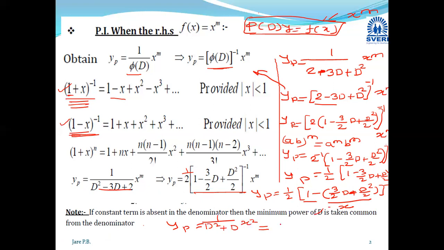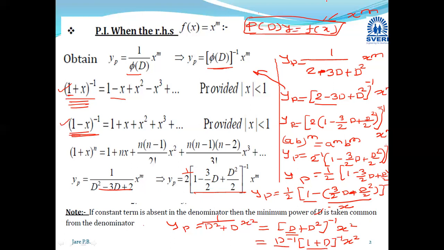So we write this as (D plus D square) bracket raised to minus 1 x square. Here there is no constant term, so we can take D common out. We got D raised to minus 1 common, and what is remaining is (1 plus D) raised to minus 1 x square. Now we take D raised to minus 1 outside, and we use the formula for 1 plus x raised to minus 1.